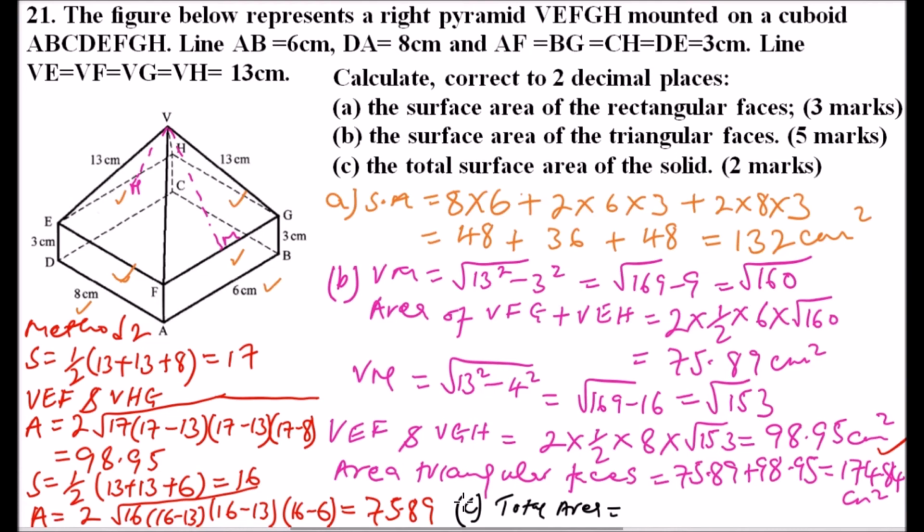We got 174.84 for the triangular sides, and we got 132 for the rectangular side, and this should give you a total of 306.84 centimeters squared. So that's how you get those areas.